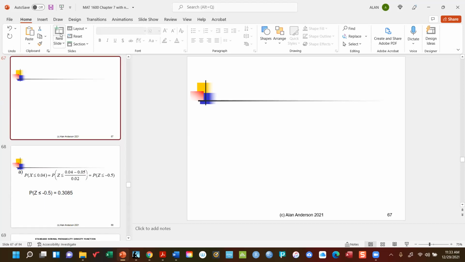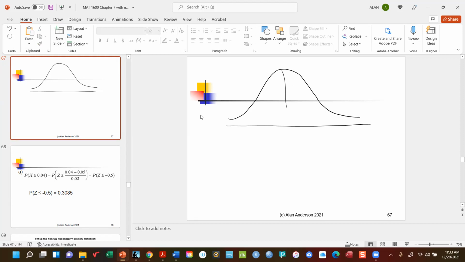You've got the normal distribution for the stock, and the mean is 0.05. And the standard deviation is 0.02, so 0.07 would mean 1 standard deviation above the mean. 0.09 is 2 standard deviations above the mean.